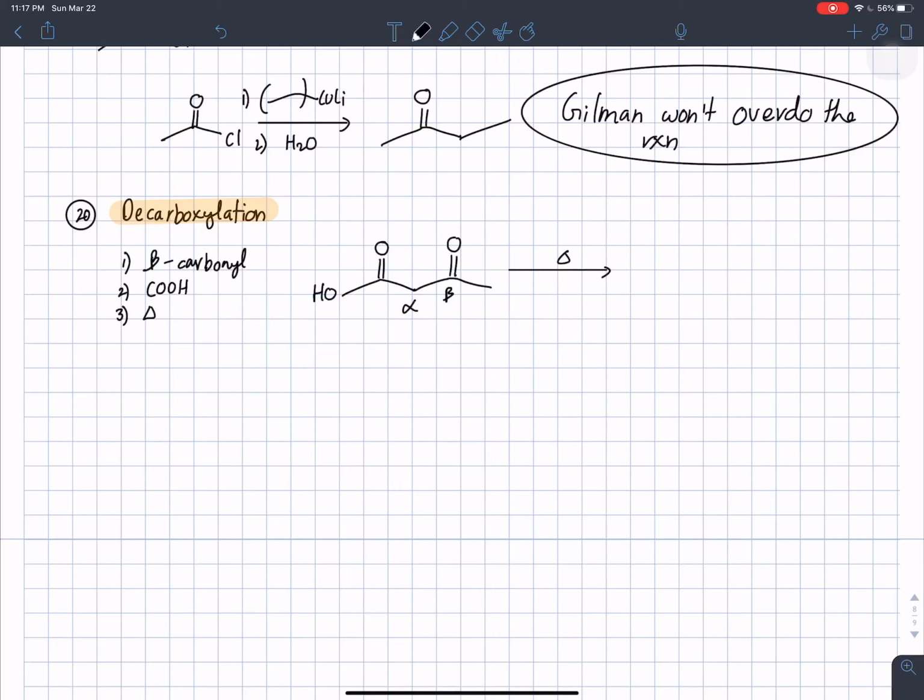So what is decarboxylation? Well, this thing right here will turn into CO2, and it's just going to leave. So the way you quickly do this reaction is you pick up whatever molecule you have, circle any carboxylic acids you find, then label the alpha spot and the beta spot relative to the carboxylic acid.